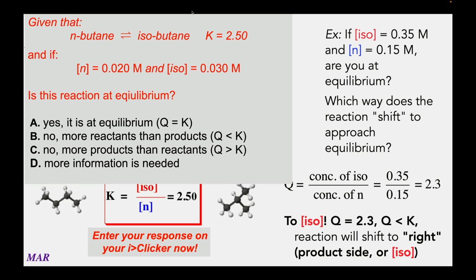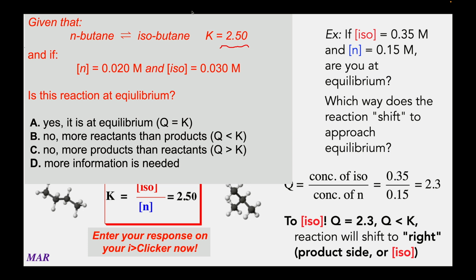And 1.5 is certainly not the same as the established K value, 2.5. So we are not at equilibrium. Our Q is less than K, and if Q is less than K, you're going to make more products than reactants. Another way to say that is a Q value less than 2.50 would imply too much reactants.